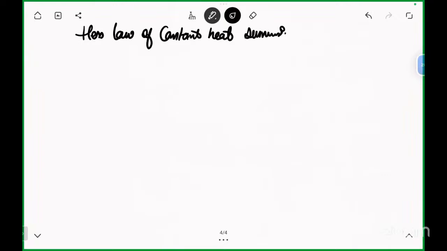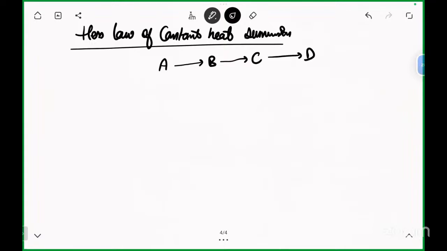Next is Hess's law, Hess's law of constant heat summation. The name is quite big, but for us to understand this topic it is very easy. See, if A gives B, and B gives C, and C gives D, the change in enthalpy here is delta H1, here delta H2 and delta H3.